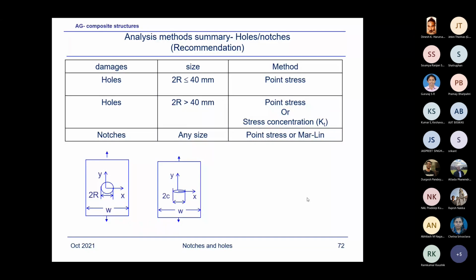So unnecessarily, you don't want to create complications. If the hole size is large, like 2 inches or 3 inches, you don't have to really use the point stress. You can use the stress concentration factor approach straight away, 1 upon kT, which will give you the same result. Simple.